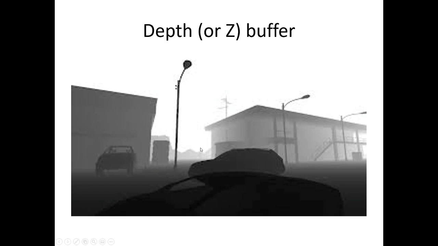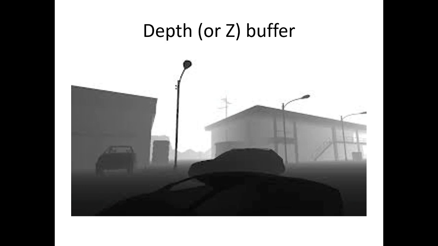Now imagine I've got a whole bunch of triangles I need to render. I'm going to first initialize this entire thing to all white, so all z equals 1, or all 255 if I'm looking at it that way, and I essentially store that value in here. Then as I draw any single pixel, instead of just drawing that pixel, I say, okay, where I'm about to draw to, what is the current z value?